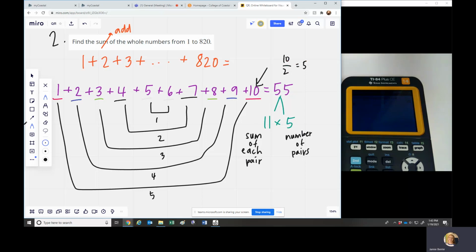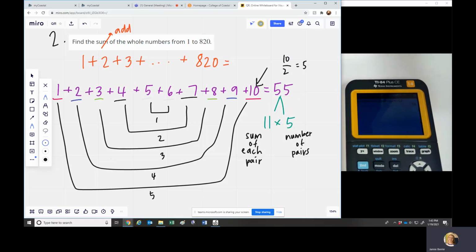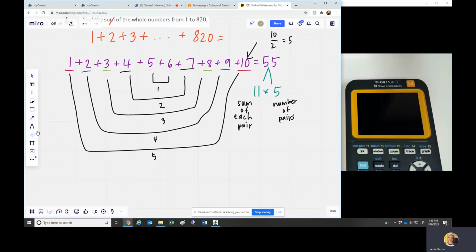So it looks like if we're looking for the sum of the whole numbers, if this pattern works, which it does, all you'd have to do is find the sum of each of the pairs, find the number of pairs, and multiply those, and that's going to give you the sum. Now let's see if we can extend that to our problem where we're looking for the sum of the whole numbers from 1 to 820.